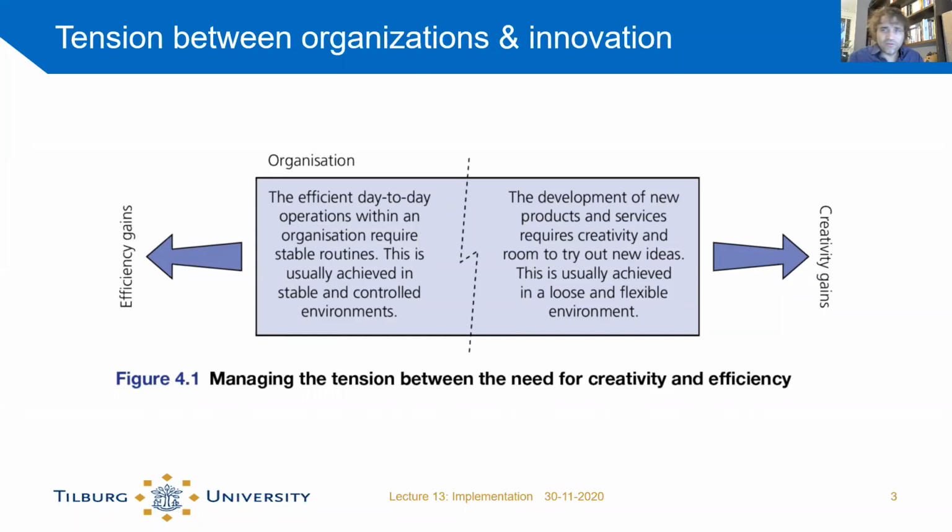So implementation of innovation is difficult because if you remember this slide from the first and second lecture, innovation is oftentimes new, of course, because it's innovation. And not all innovations are completely new, of course, but innovation brings about some change.